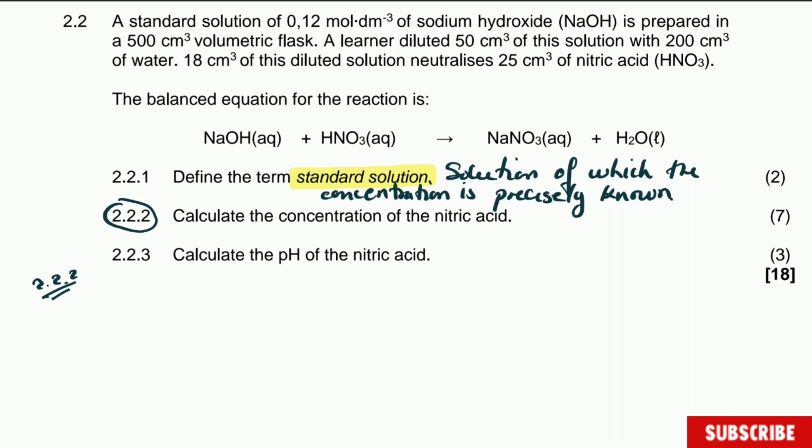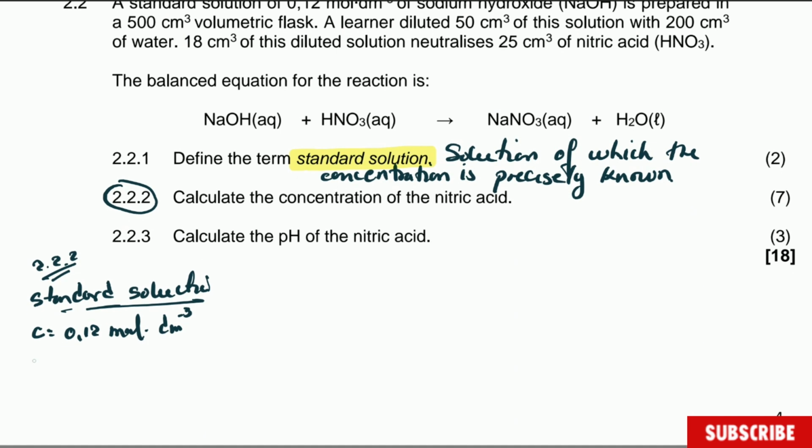So for the standard solution, we know the concentration is 0.12 mol per cubic decimeter, and we know that it was prepared in 500 cubic centimeter, but we cannot work with cubic centimeter.